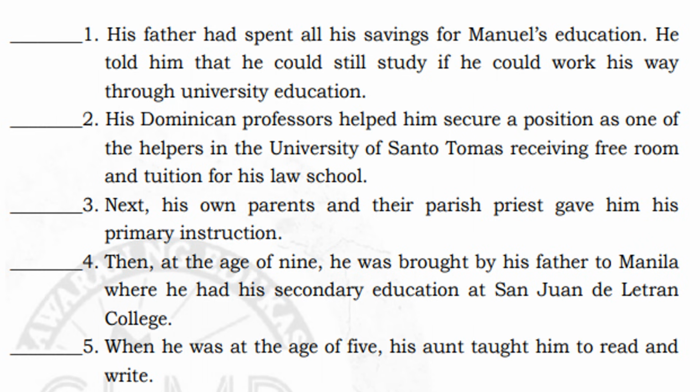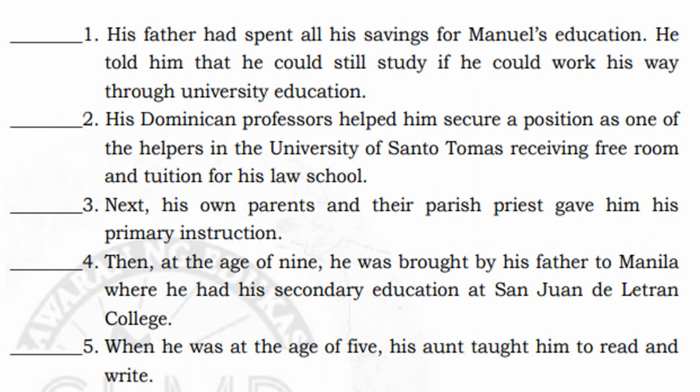Number 3, next, his own parents and their parish priest gave him his primary instruction. Number 4, then at the age of 9, he was brought by his father to Manila where he had his secondary education at San Juan de Letran College. And number 5, when he was at the age of 5, his aunt taught him to read and write.